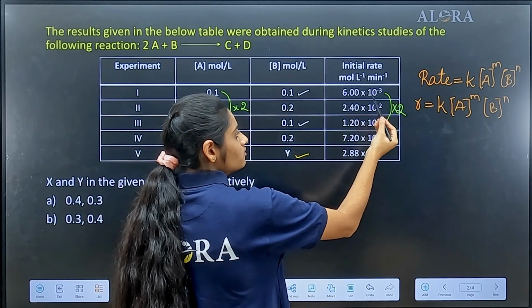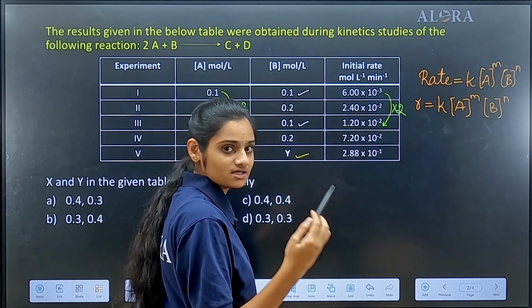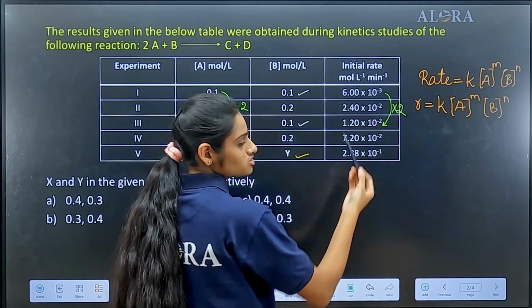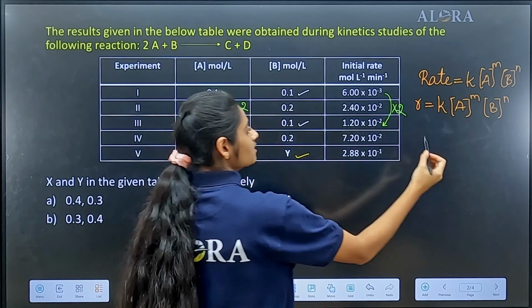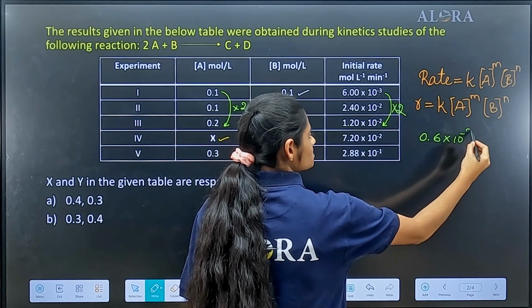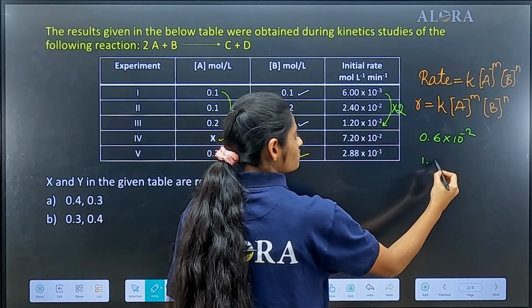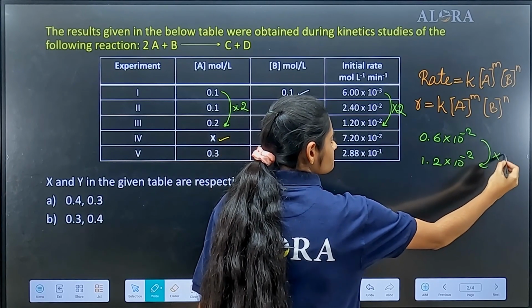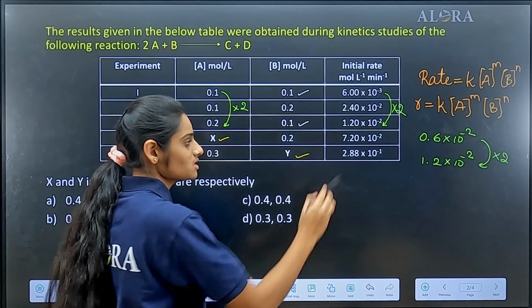So here the rate is doubled. Here, for the initial rate, for the first and for the third, it is 6 into 10 to the power minus 3. I will write it as 0.6 into 10 to the power minus 2. So minus 2 and minus 2 here are the same. So it will become 0.6 into 10 to the power minus 2, and here it is 1.2 into 10 to the power minus 2. So here it is doubled. Yes or no? It is doubled here.